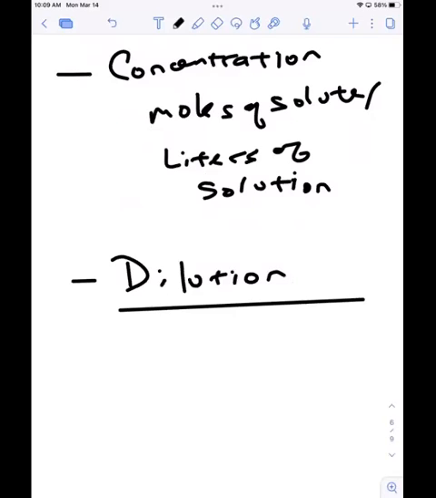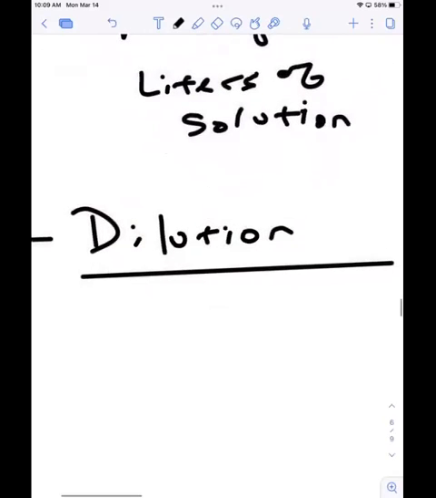And the equation for that is, I'm going to say M1 V1. You probably remember this from high school when you see it this way, equals M2 V2, right? So with any dilution equation, you can solve for any other variables if you have 3 of them, right?